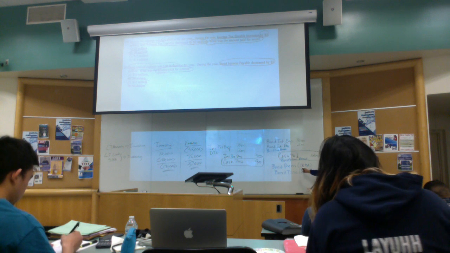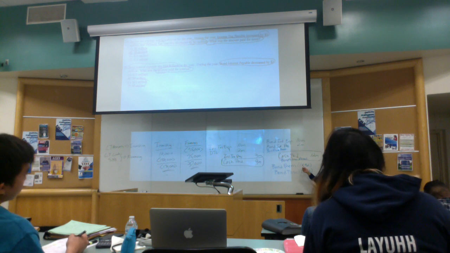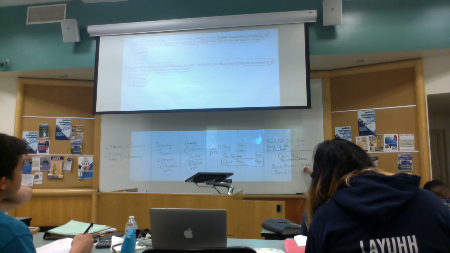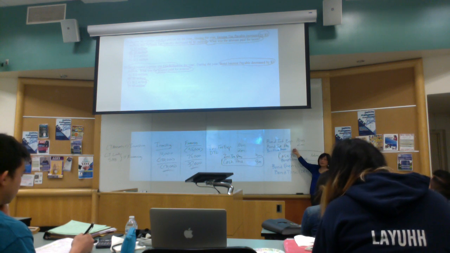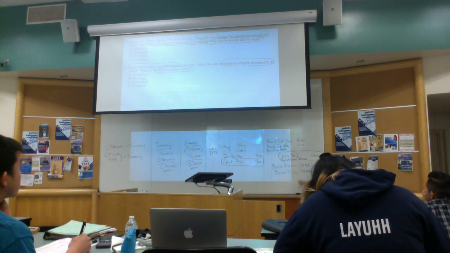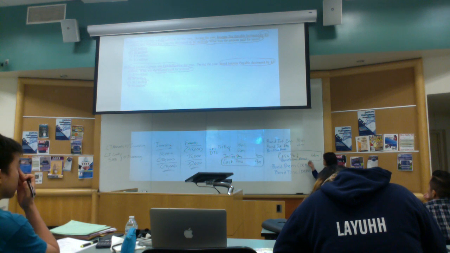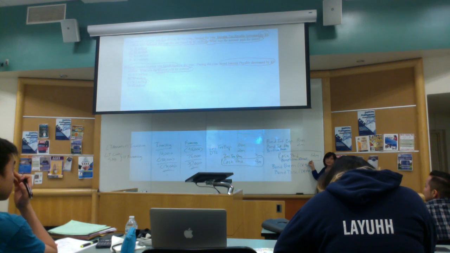Because remember, the bond premium has a credit balance, so when you amortize it, it's going down, so it's a debit. If you have a bond discount, it has a debit balance and is being amortized, it's going down, so you have to credit it, right? Yes?